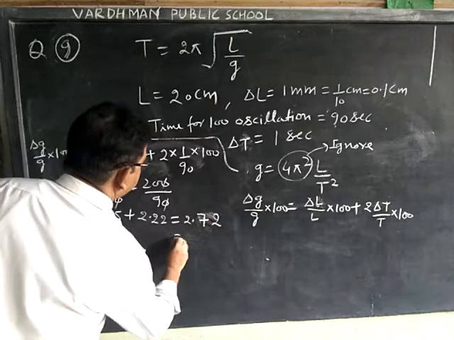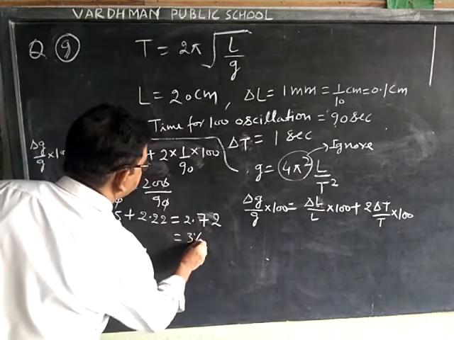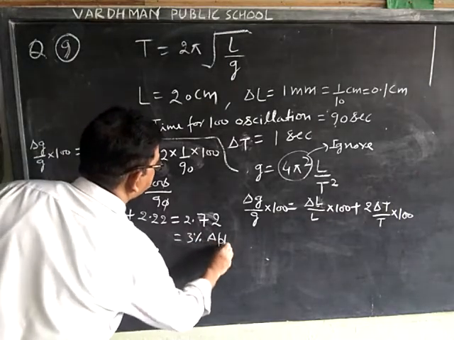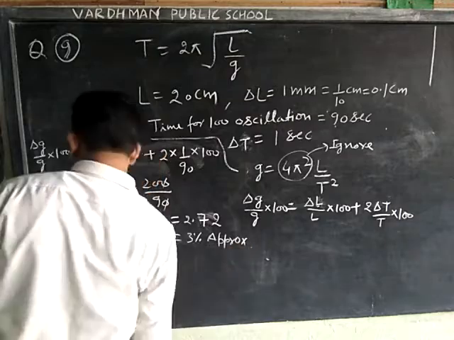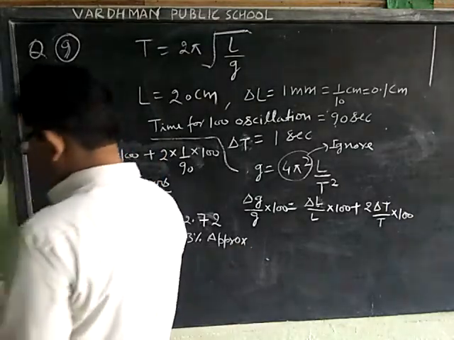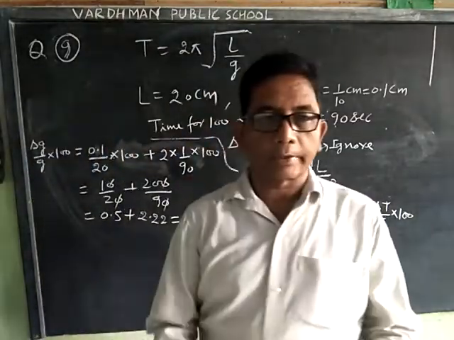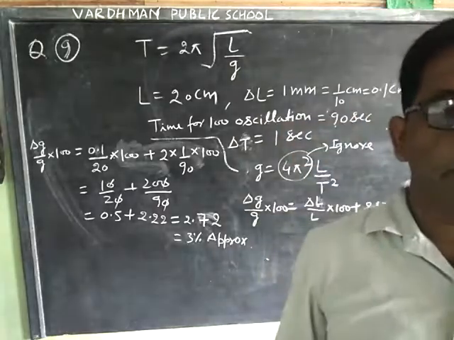This is approximately equal to 3%. This is the percentage error in acceleration due to gravity.